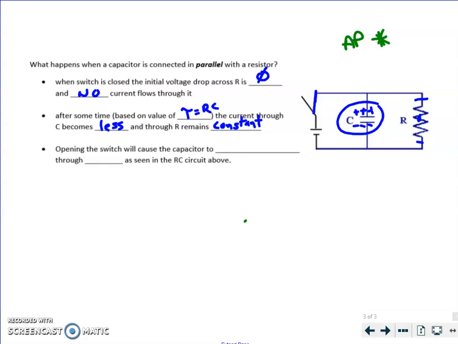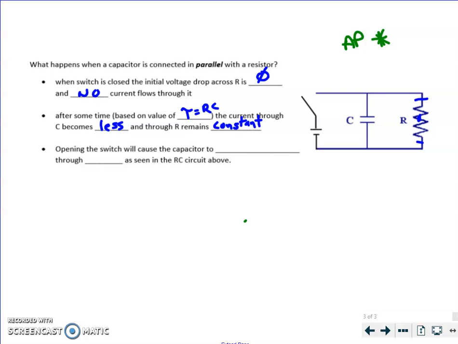In fact, after some time of 5 RCs, this branch is going to have infinite resistance, and you get no more current down here. But that's not going to affect the other resistor, the parallel branch. The parallel branch is only affected when the other branch has 0 resistance and creates a short of sorts.